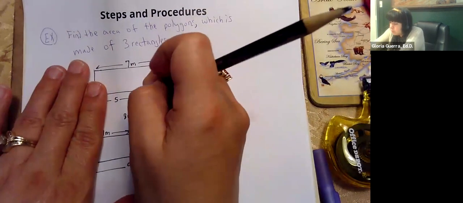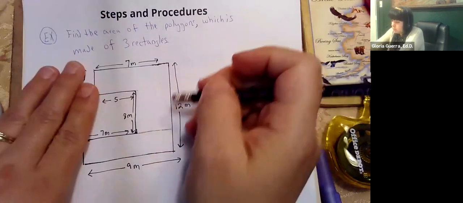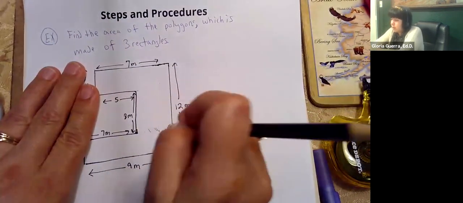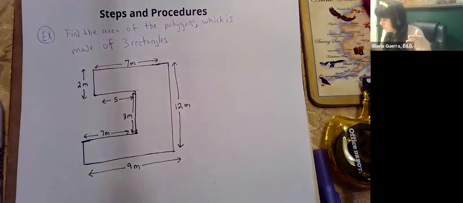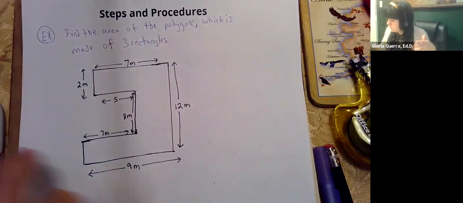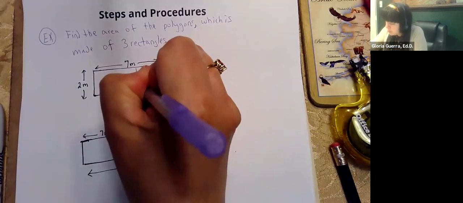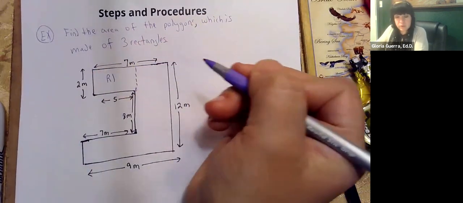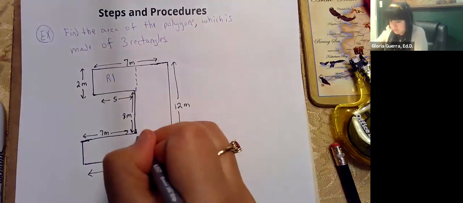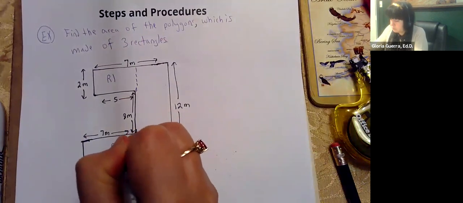But another way to write it up, and that's what I'm going to show you, the other one you can do for practice, is how you can write it up when you find the area of a polygon. You can extend this line here, and this is called R1, rectangle 1. Then you can also extend this line here, that's called R2.